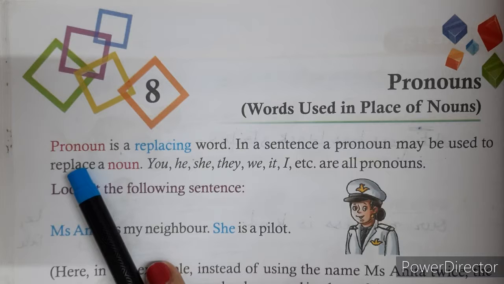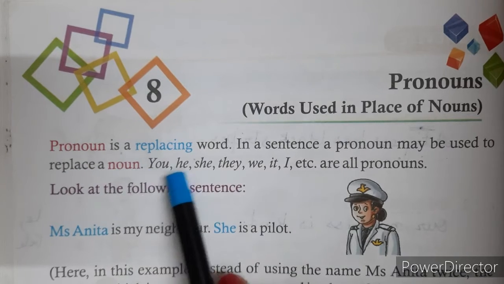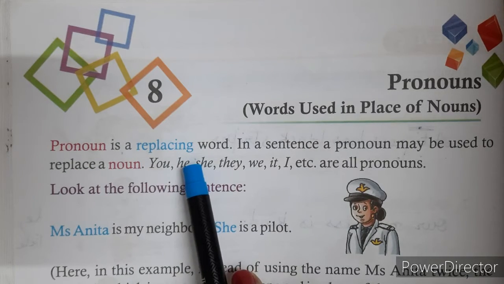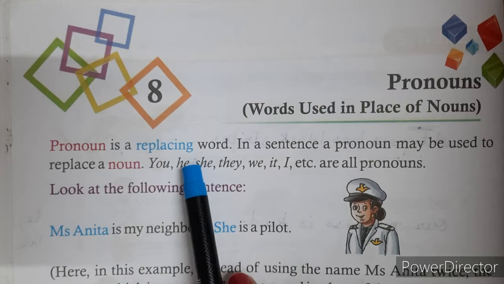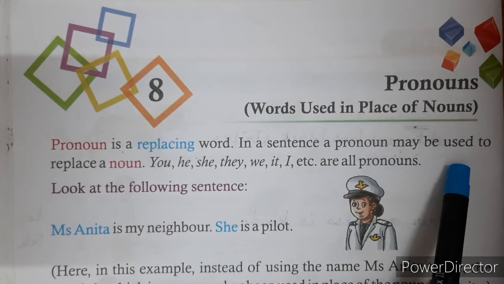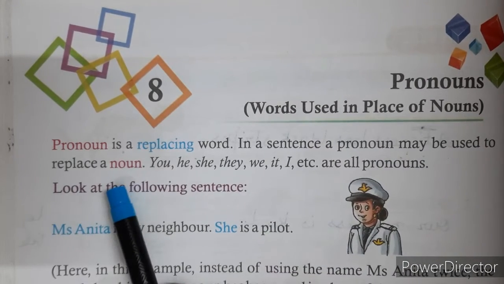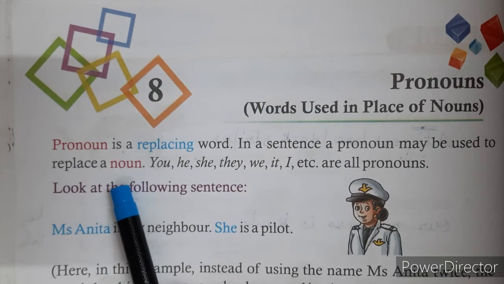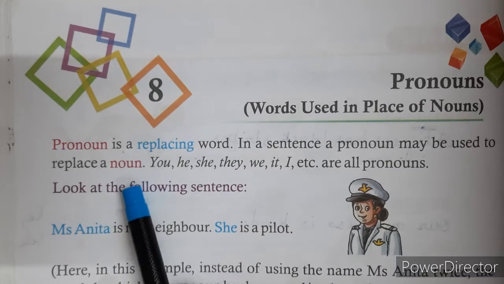What is a pronoun? A pronoun is a replacing word. Replacing word means a word which we will use instead. In a sentence, a pronoun may be used to replace a noun. Replace a noun means to replace the name. What are nouns?